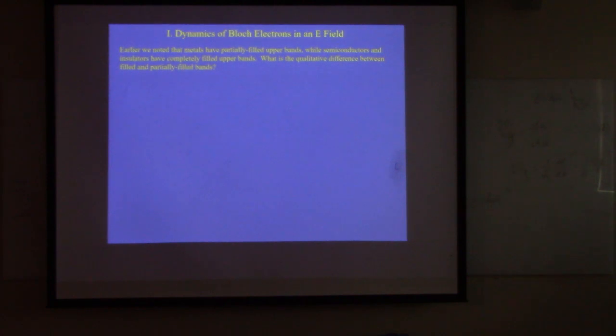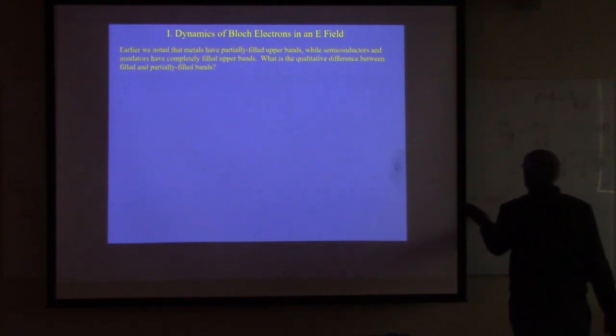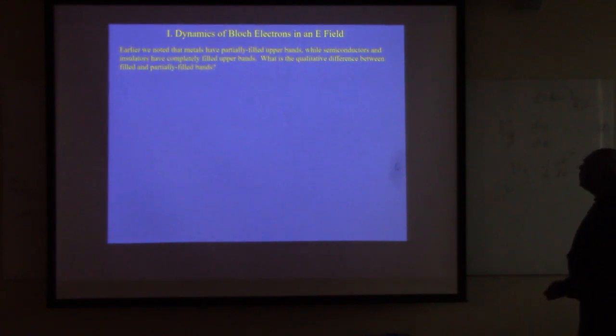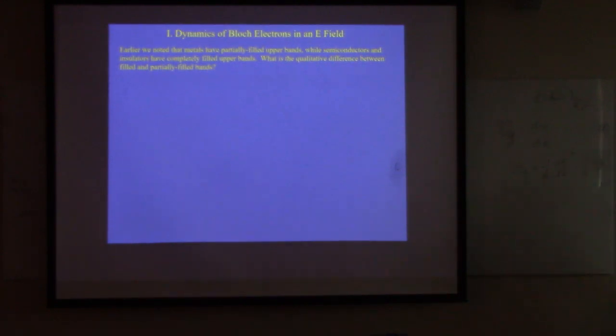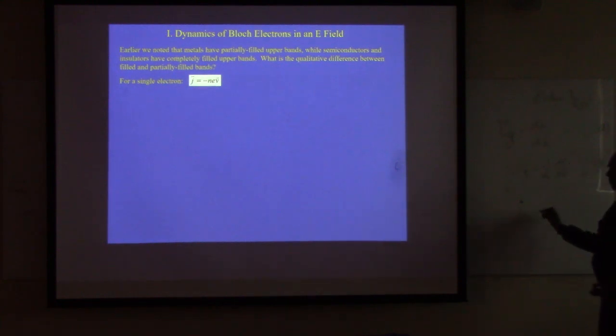So now let's talk about the dynamics of electrons in an electric field in this k space. So if you consider the real space, remember your current density, anybody remember? Given by charge times V, right? This is for one electron.